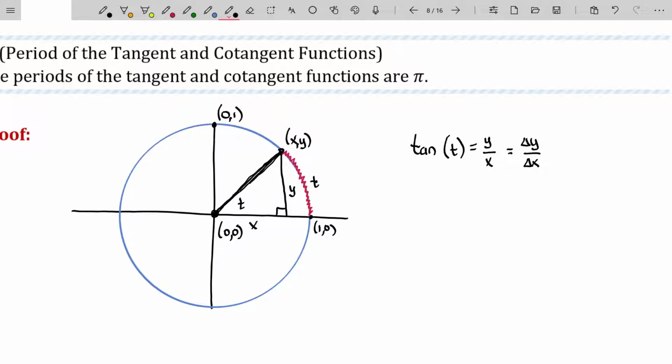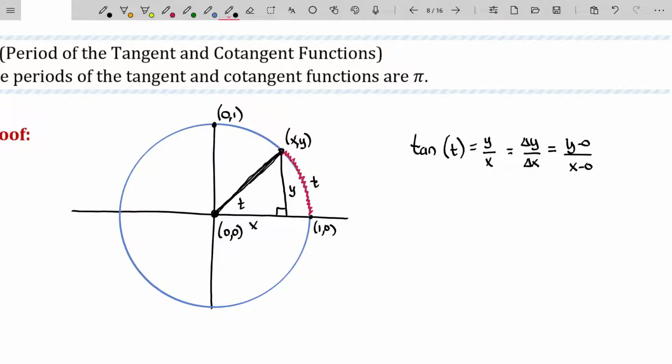The slope of that line would be the difference in the y values, y minus 0, over the difference in their related x values, x minus 0. And that is y over x. So that is the slope of that line. So tangent is truly just the slope of our line emanating from the origin out to the edge of our circle where our point is, which is what we're referencing to build all of our trig functions.